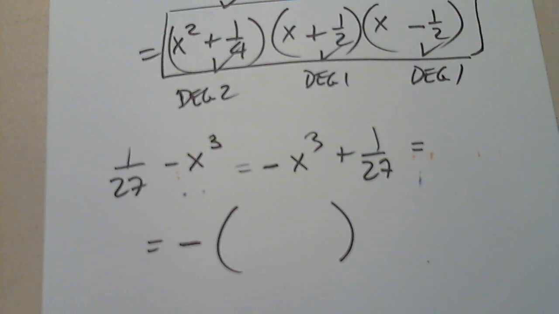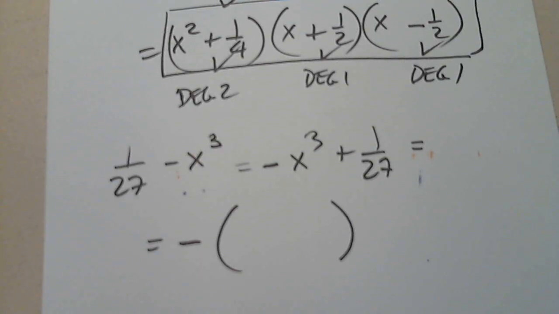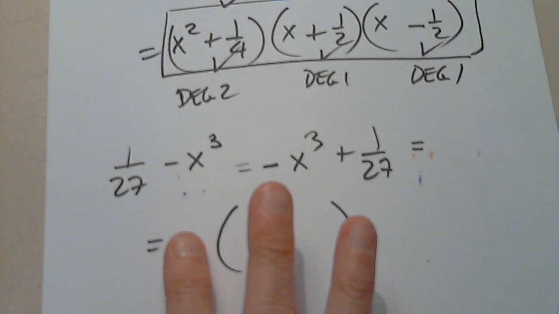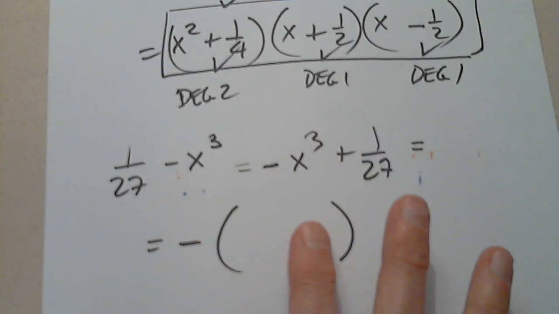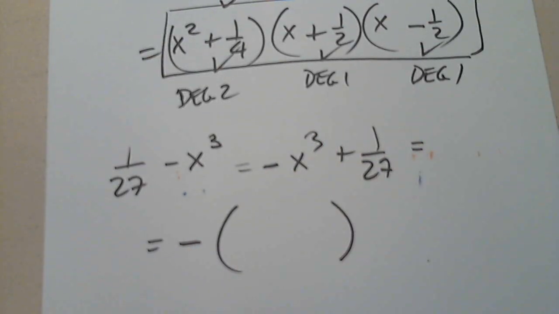So can anyone tell us, please? When we pull out -1, what is left in parentheses? -1 times something equals -x cubed. -1 times something else equals +1/27. So what do we have in parentheses?